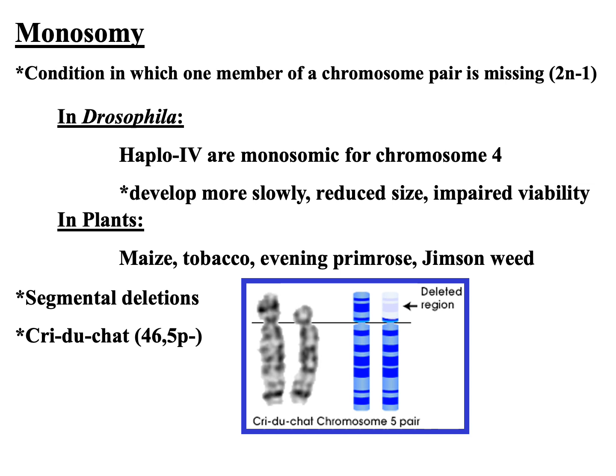But for this example, I want to talk about a syndrome known as Cri-du-chat, which is translated to cry of the cat, and that was the term given by the French scientist who first identified the syndrome in babies, and that's because their cry was very distinct and sounded much more like the cry of a cat than of a human baby. It turns out that these individuals have a deletion of a portion of chromosome number 5, and you can see that here in the slide.